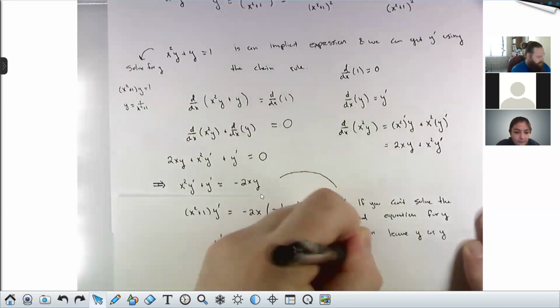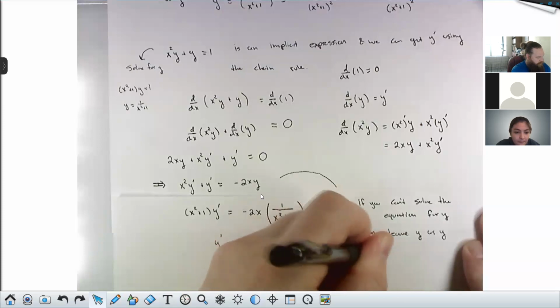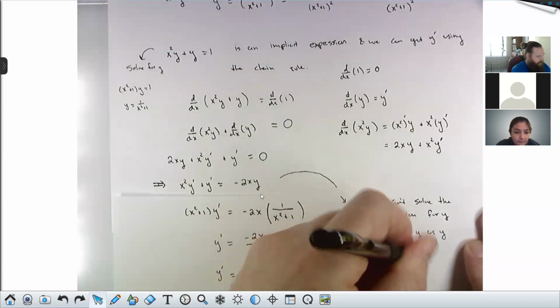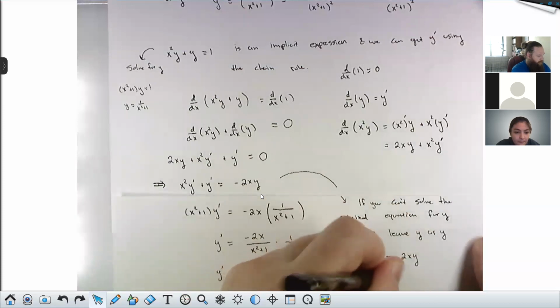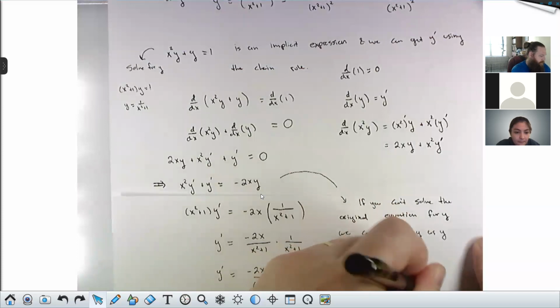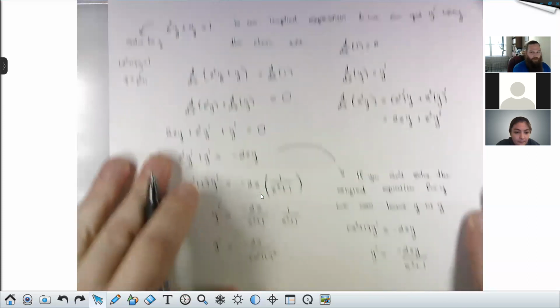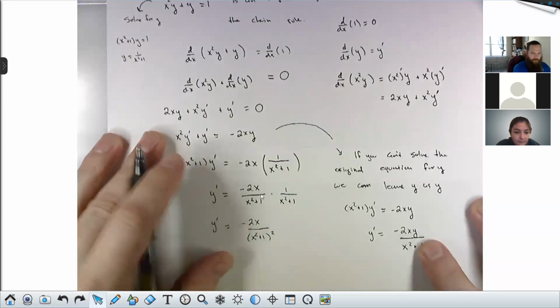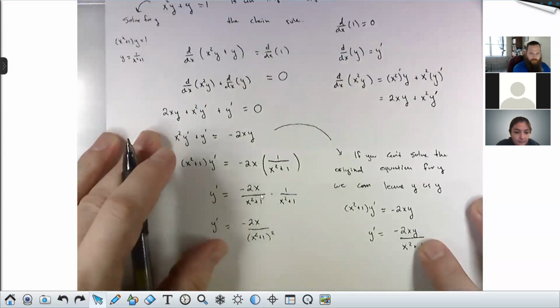So then I would have x squared plus 1 times y prime is equal to negative 2xy, which means y prime would be negative 2xy over x squared plus 1. So this would be an implicit form of the derivative. This would be the explicit form of the derivative.